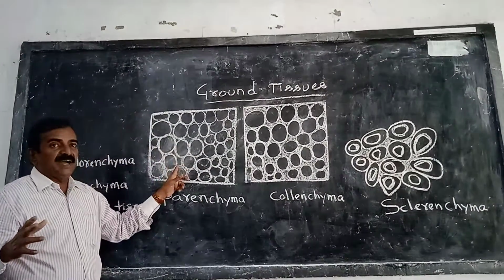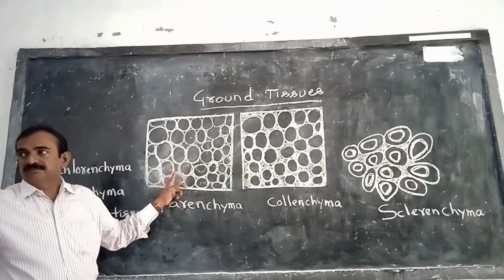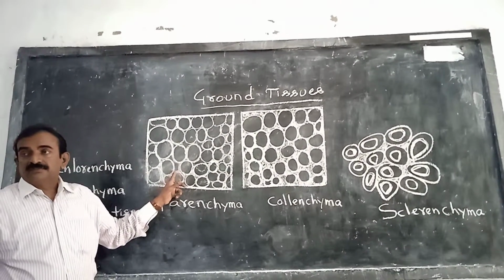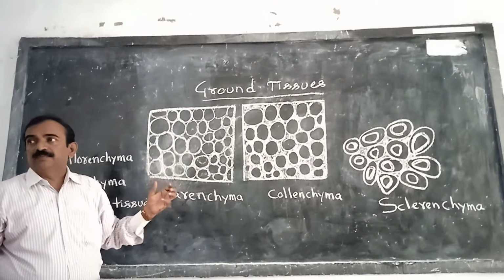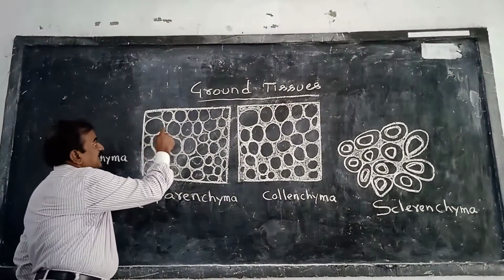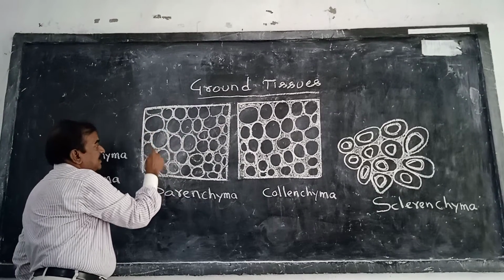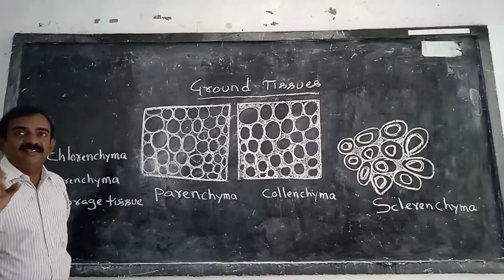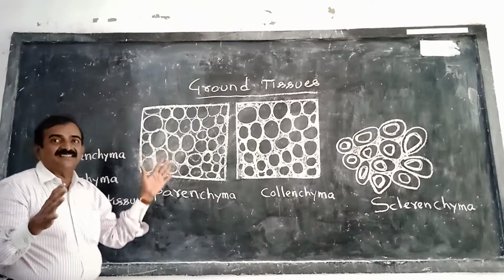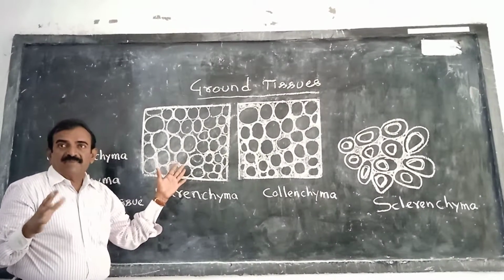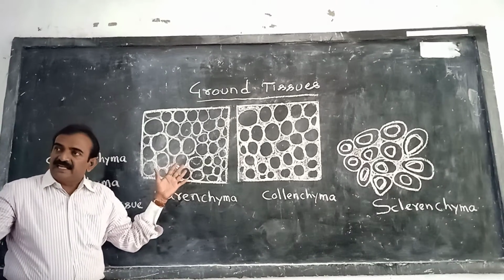Parenchyma tissue is soft tissue, and this soft tissue is a living tissue. There are some gaps, and the cells are loosely arranged, not compactly arranged, and they are thin walled.